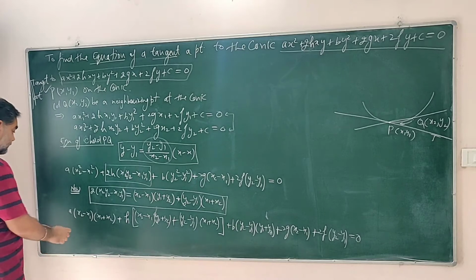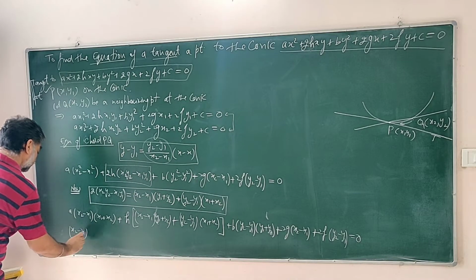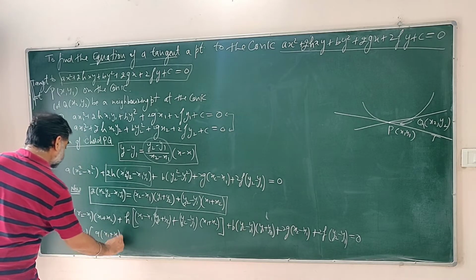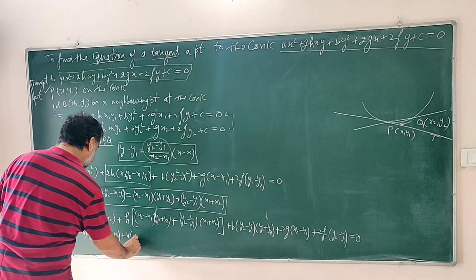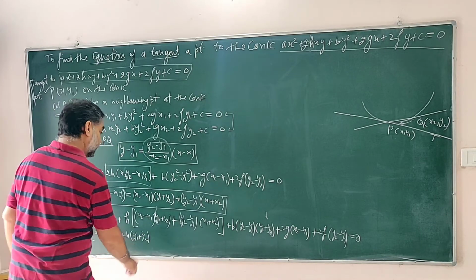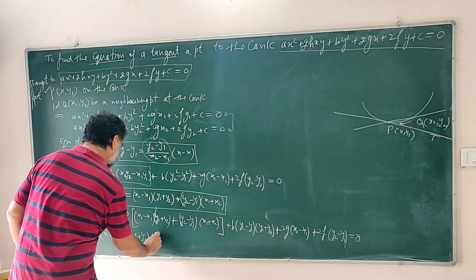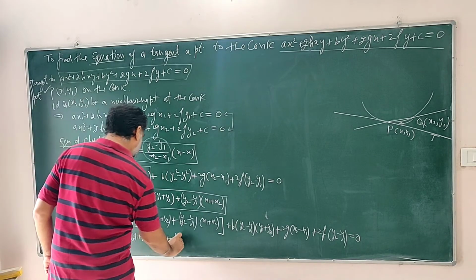So first of all, we take x2 minus x1 common. So what remains is a into x1 plus x2 plus h into y1 plus y2 and plus 2g, and now we take y2 minus y1 as common.